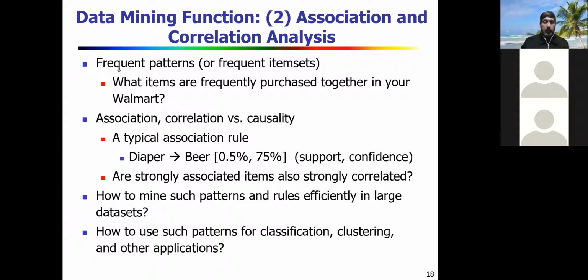Another important data mining function or task is association mining or frequent pattern mining. Essentially, in this case, what we are trying to find are events that occur frequently together. And from those events, either frequently or infrequently also, although infrequent ones usually are not very interesting.